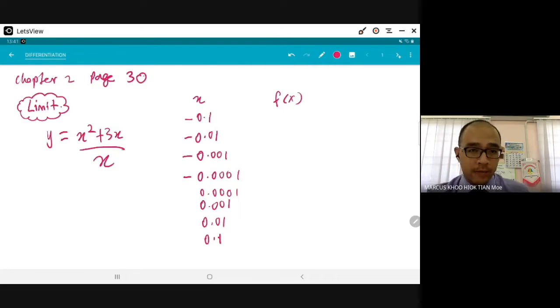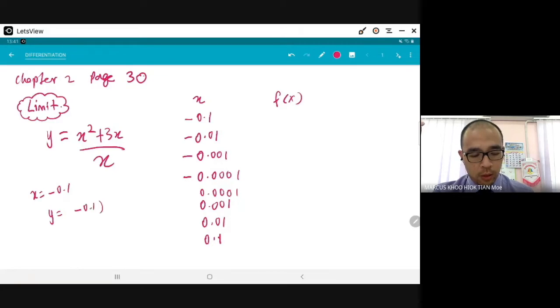For example, if I substitute negative 0.1 here, when x equals negative 0.1, I get y equals negative 0.1 squared plus 3 times negative 0.1 over negative 0.1.